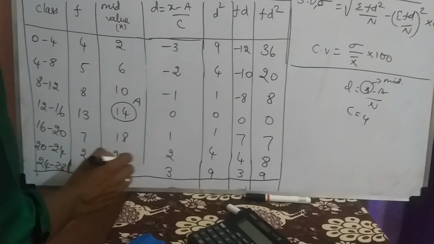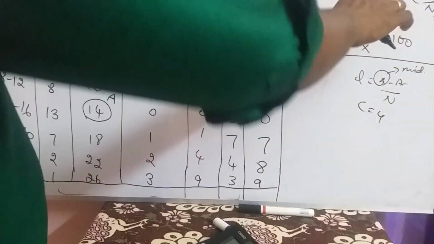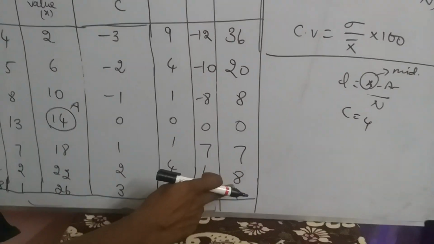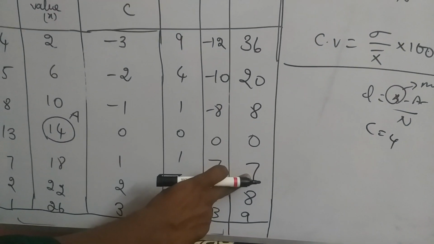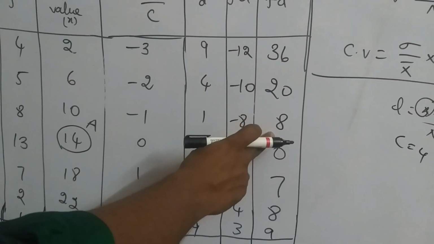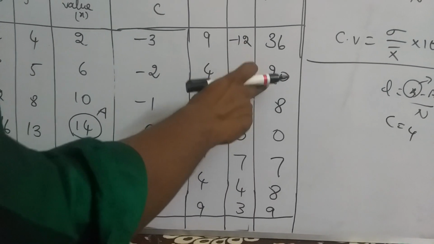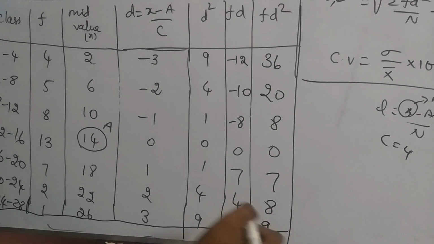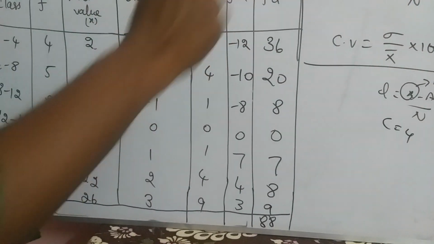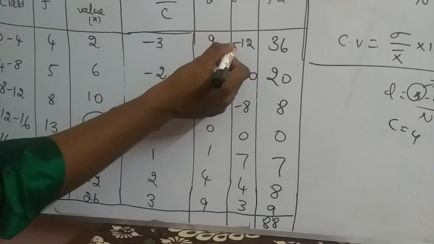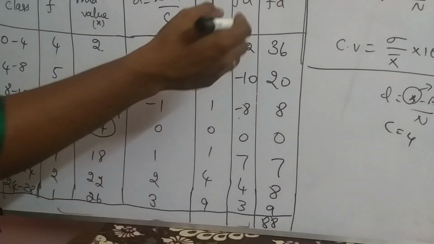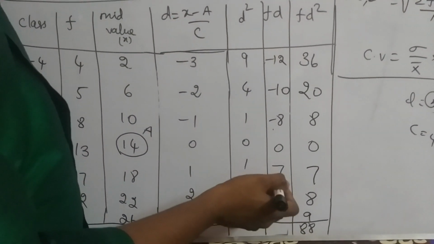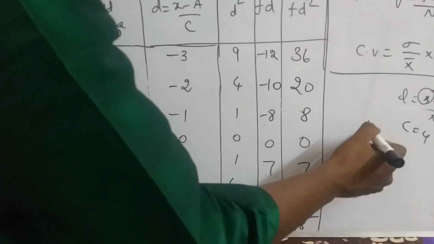Now total it. The sum of fd square is 9 plus 8 is 17, plus 7 is 24, plus 8 is 32, plus 20 is 52, plus 36 is 88. For the total of fd, add the positive and negative values separately. The positive values are 7 plus 4 plus 3, which is 14.